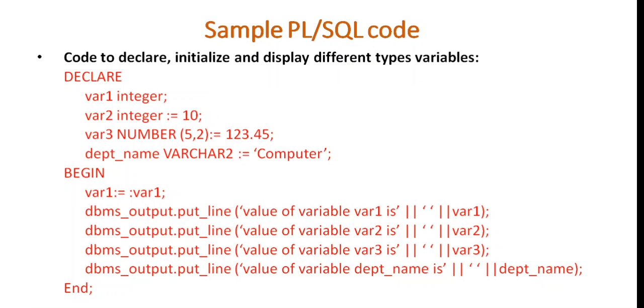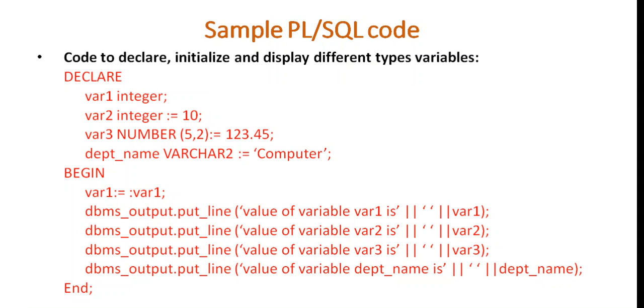If you want to display the value of a variable, there is no need to enclose the variable name within single quotes, and you can use the pipe operator to combine more than one message and variable value in a DBMS_OUTPUT.PUT_LINE method.